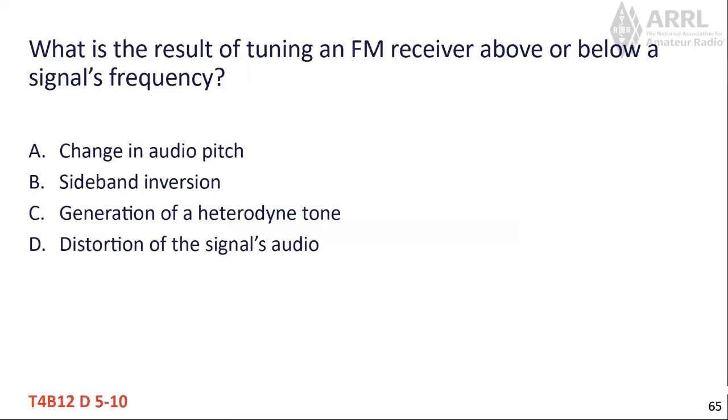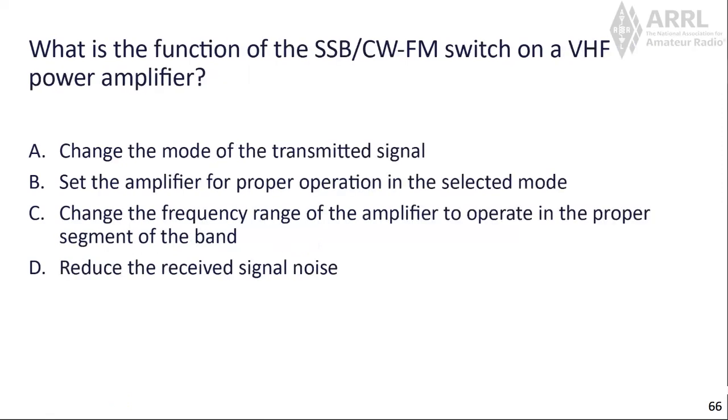It's going to be distorted. What is the function of the single sideband CW-FM switch on a VHF power amplifier? It sets the amplifier for proper operation in the selected mode.